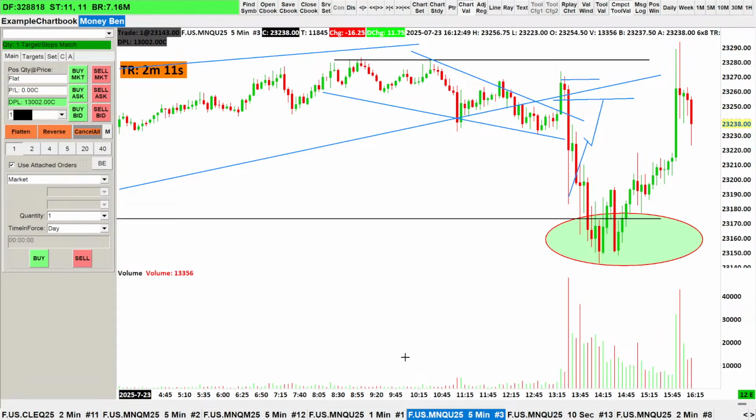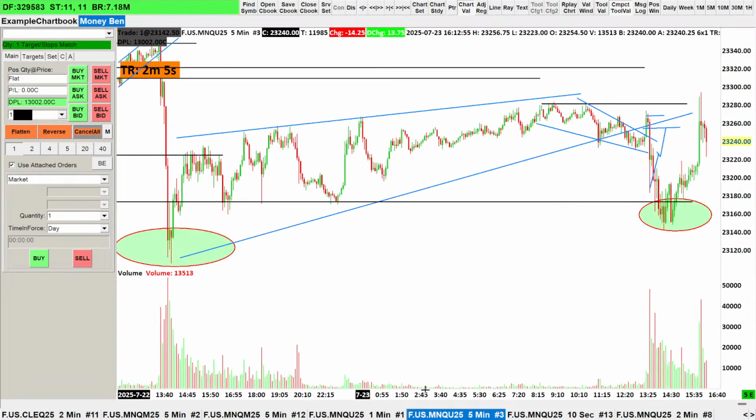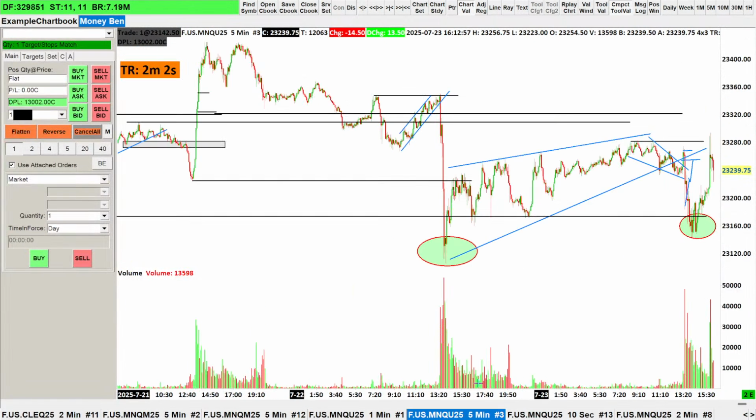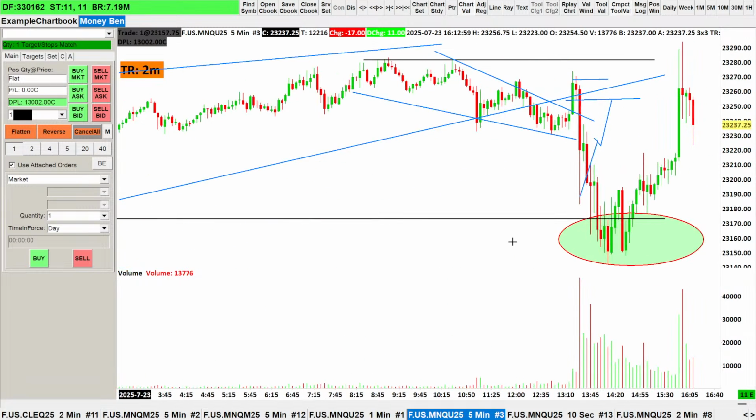It filled me a little bit, and I had to actually get in more. I didn't realize it didn't fill me on every order. So I got in more around here. But pretty much this is where I got in, right when I saw the market pop up, and I was looking for a 3-to-1.